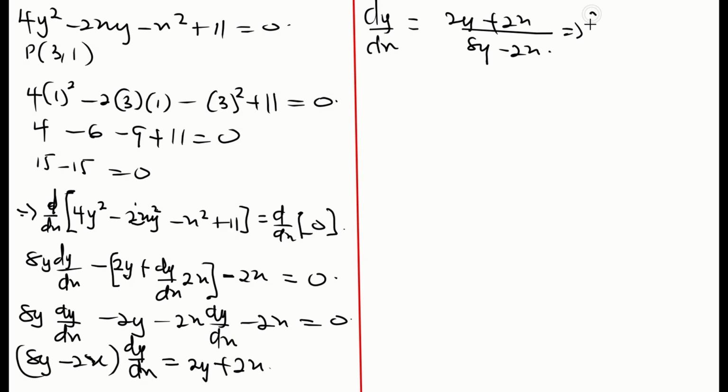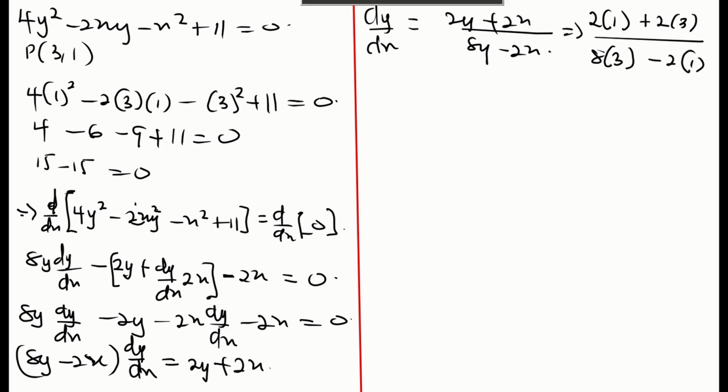This is going to give me 2 into bracket, the y value over here is 1, plus 2, the value of x over here is 3, over 8 multiplying y, which is 1, minus 2 multiplying x, which is 3.